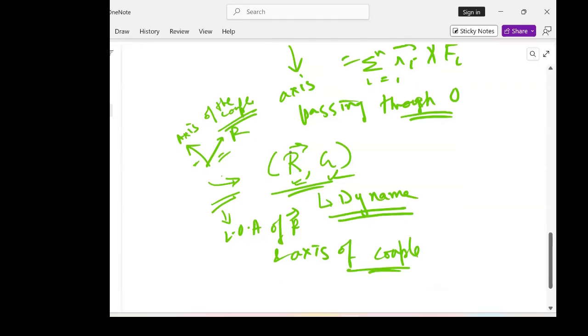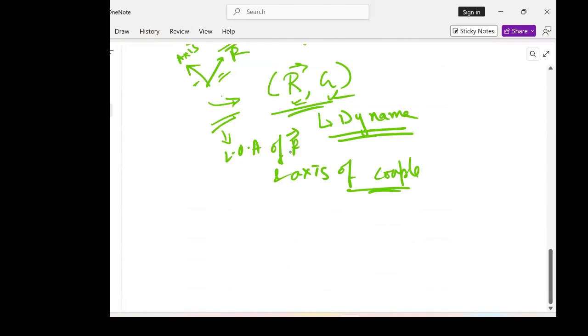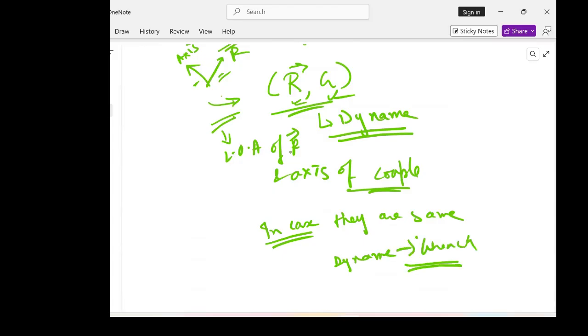In case they are the same, which will happen for some systems, and we will later derive the conditions for that, we say this dyname is reduced to a wrench. Later we will find the conditions for reduction of a dyname to a wrench.